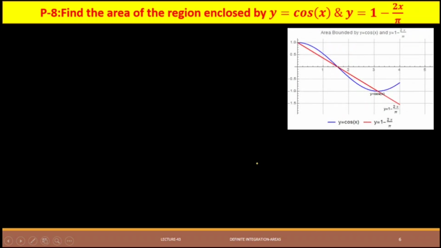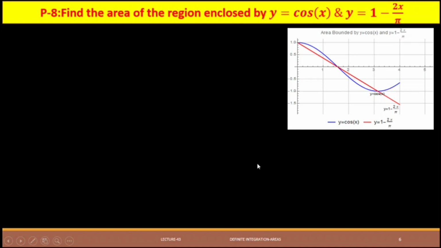You can identify that the red color curve is our straight line, y is equal to 1 minus 2x by pi, and the blue color curve is y is equal to cos x. Now I have to find the area of the region enclosed by both the curves, cos x and the straight line.